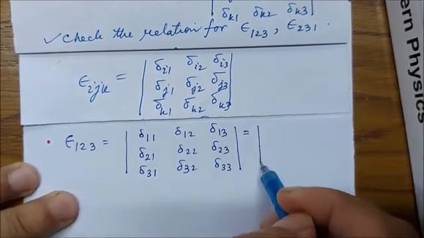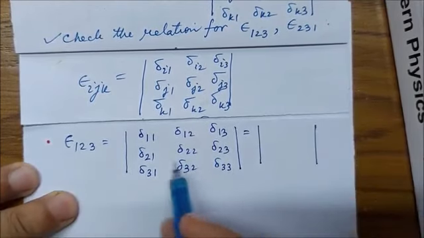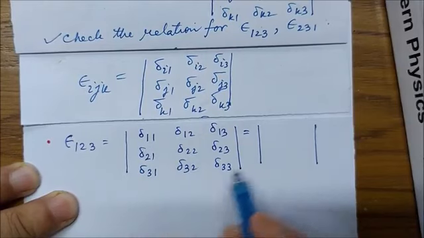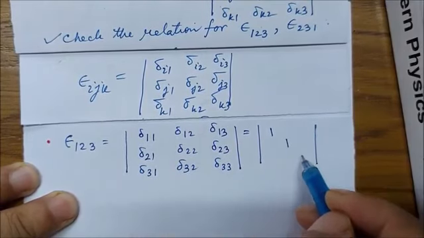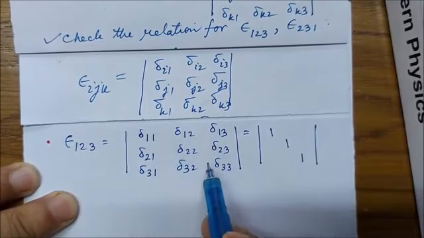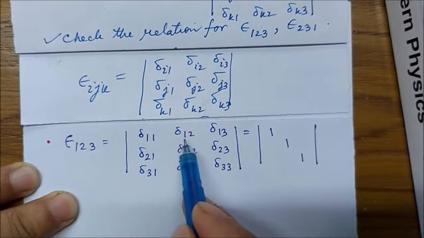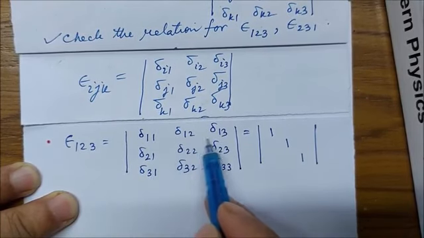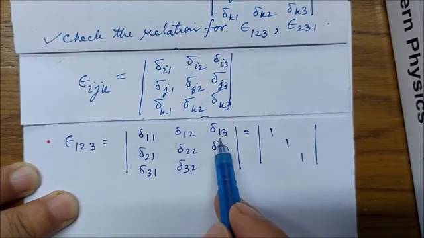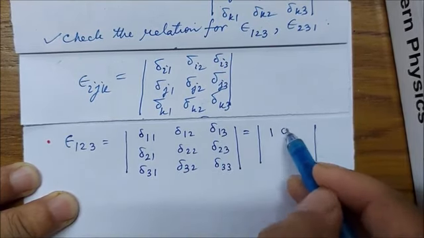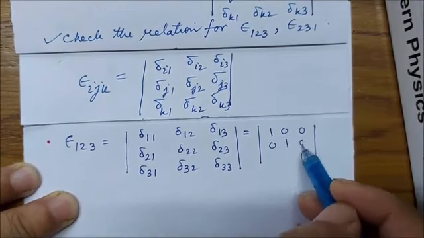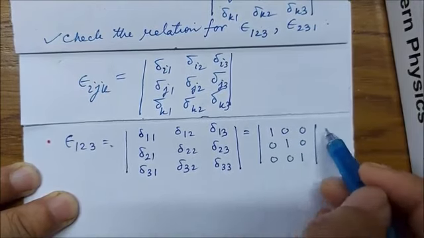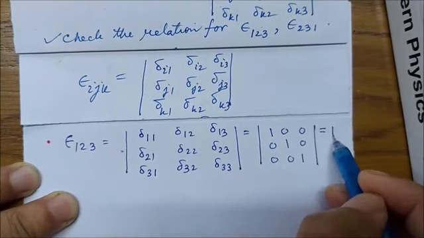Now this is equal to, along the diagonal we have 1, 1, 1, and all other terms will be 0 because the indices do not match, and the Kronecker delta is 0 if the indices are not identical. So this is what we have, and the value of it is 1.